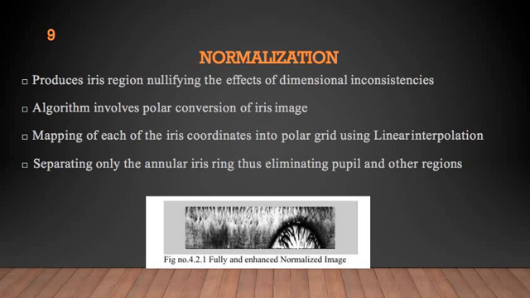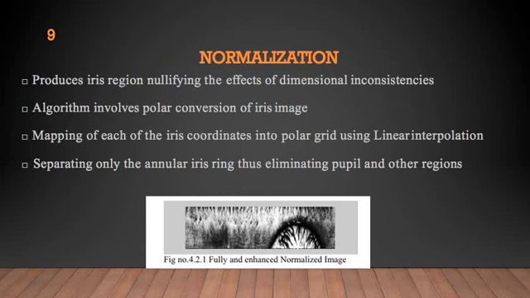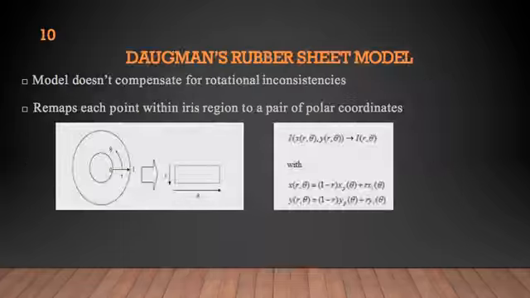The algorithm involves polar conversion of the iris image. We convert our planar coordinates into polar coordinates to give a fixed dimension to the image. Next is Daugman's rubber sheet model. As I said earlier, in normalization, the algorithm involves polar conversion of the iris image, and this is exactly what is done by Daugman's rubber sheet model.